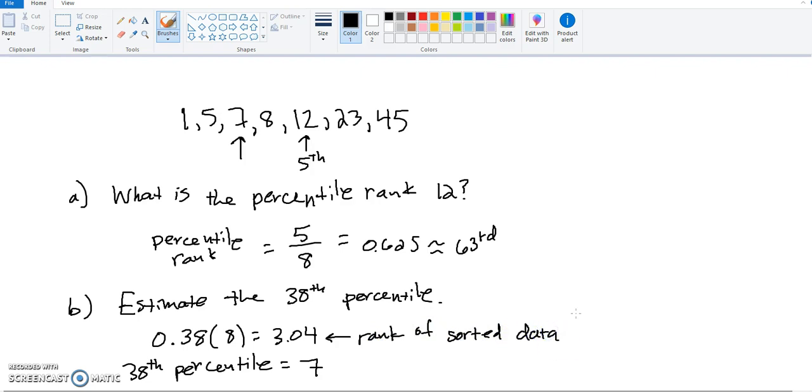To get the percentile from this data set, we take 0.38 times the 8 things, and we get 3.04. So that's roughly the third thing, counting from the bottom up. 1 is the first, 5 is the second, and 7 is the third. So that's the 38th percentile for this set of data.